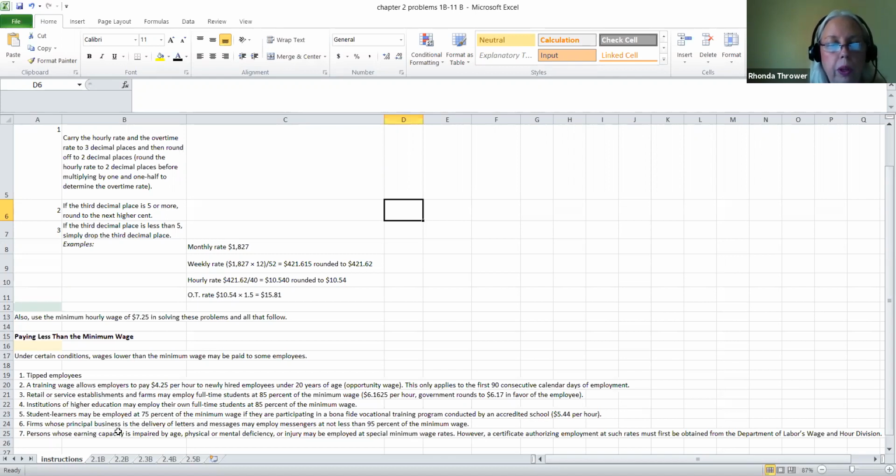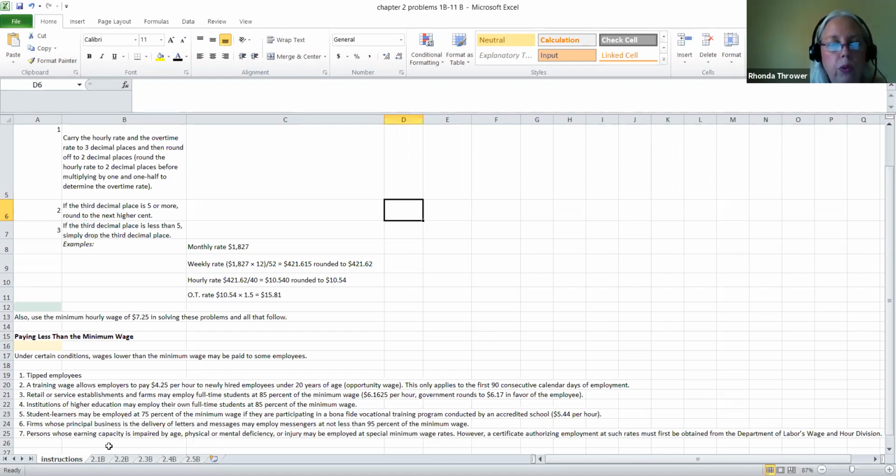Firms whose principal business is the delivery of letters and messages may employ messengers at not less than 95% of the minimum wage. This is another exception to the minimum wage rule.